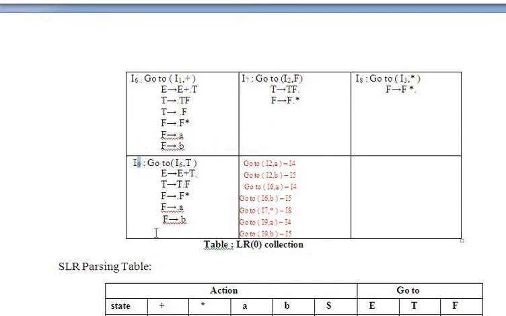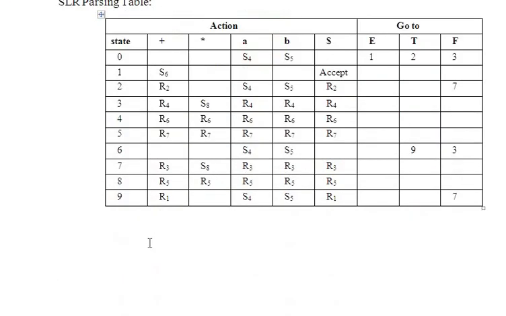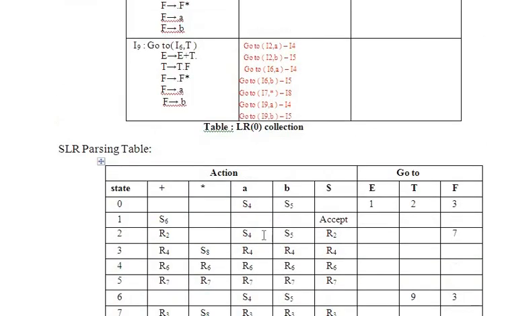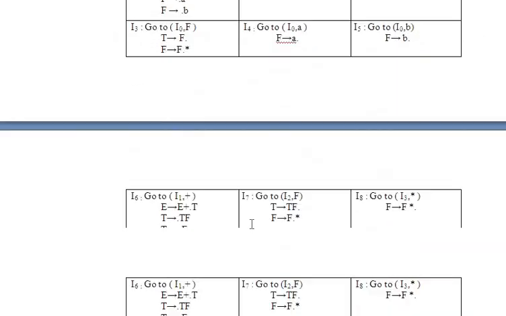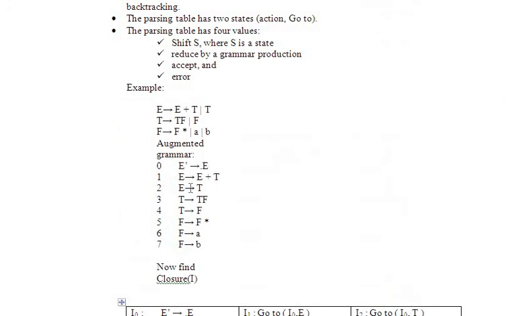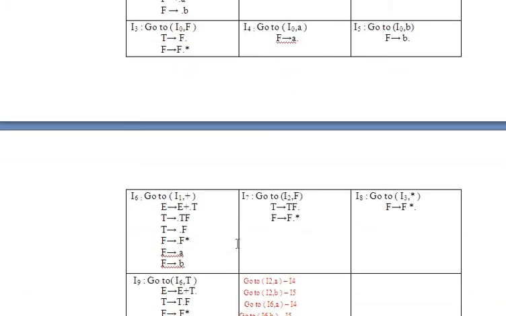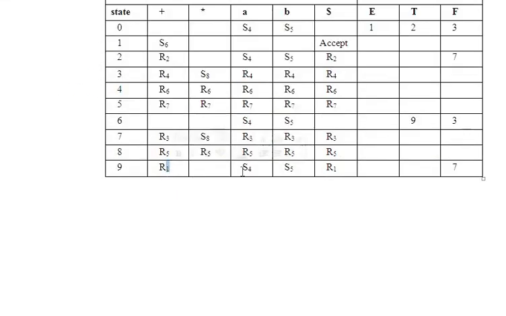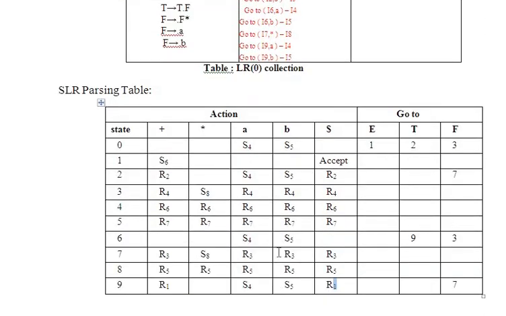So in the 9th row, you have to put the reduce entry at the follow of E, which is plus and dollar. So put R, and E gives E plus T is at position 1, so write 1 in the reduce entry.